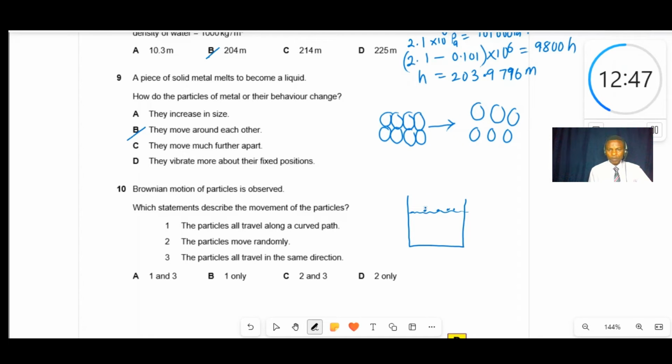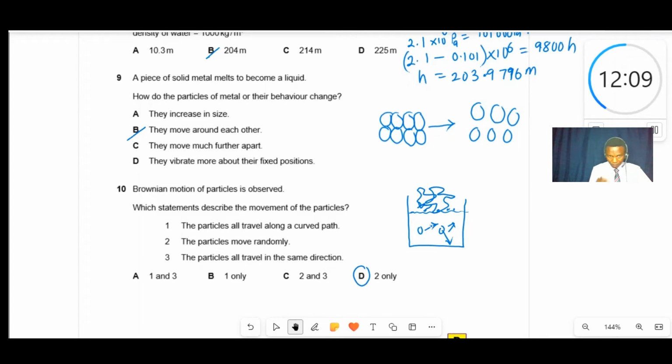You see a zigzag motion because the water particles bombard the pollen grains and move randomly. You can't see the water particles, but you can see the pollen grains. As the water particles collide with the pollen grain, you see the pollen grain moving around randomly. So the correct answer is that the particles move randomly. D.